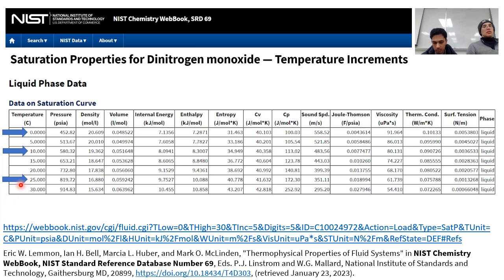But up to 25 degrees Celsius, we can afford to still have a liquid as long as we're pressurized to 820. And so that's why our system is pressurized at the beginning to 820. Because at the beginning, even though we have an ice bath ready to go, as it's being fed in, there's nothing that is going to cool it down right away. It still needs to get to the ice bath.